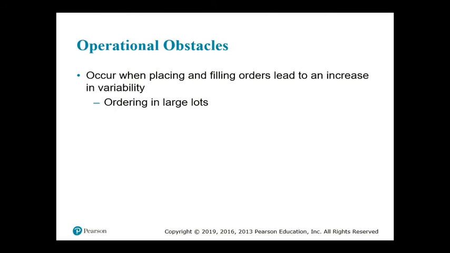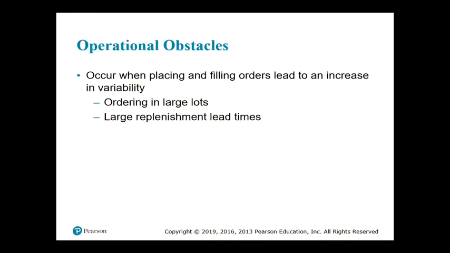Usually this is due to an effort to try to capture economy of scale. For example, if there is a fixed cost with placing an order, transportation, or receiving an order, or it could also be incentivized through quantity discounts.